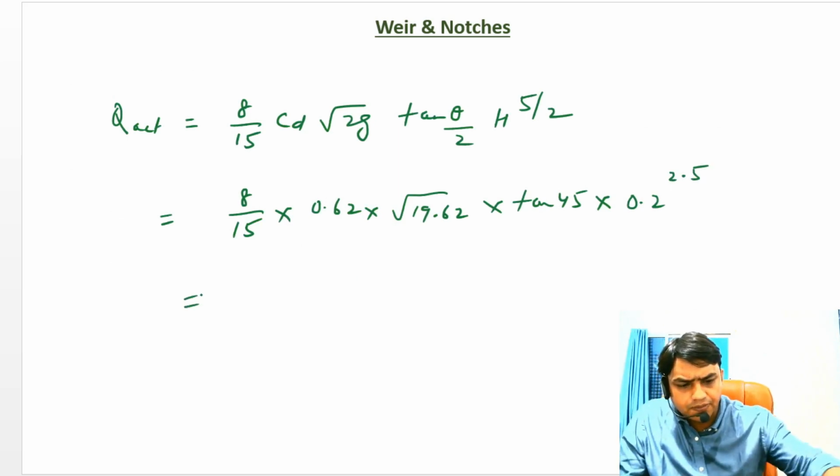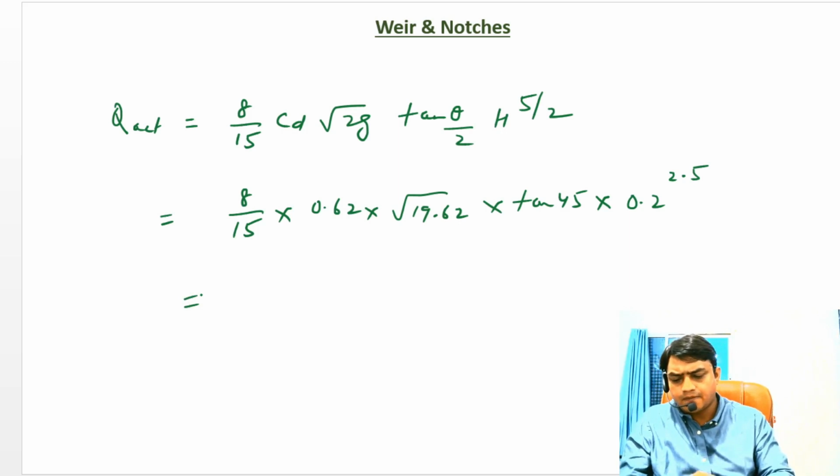So it can be computed as 8 into 0.62 into root 19.62 into 0.2 to the power 2.5 divided by 15.